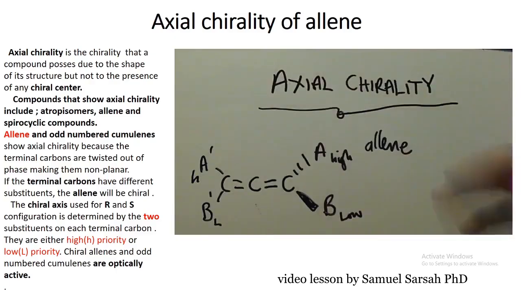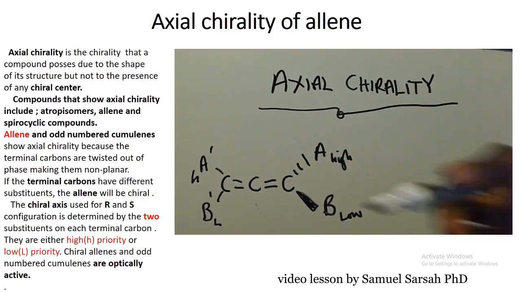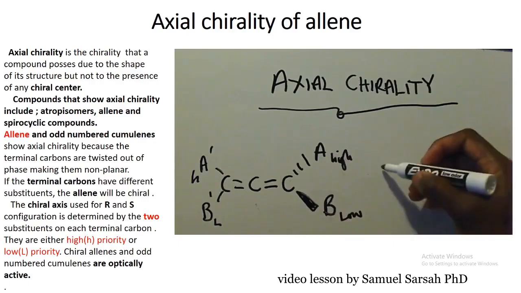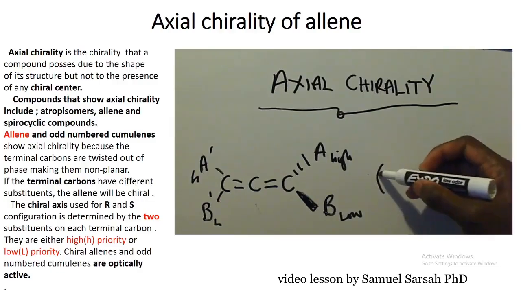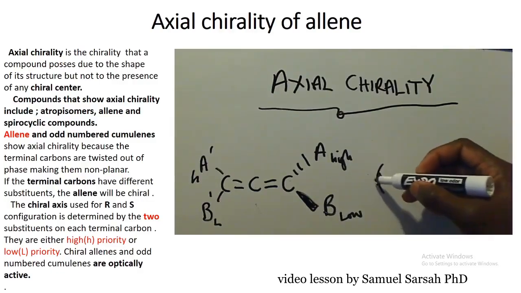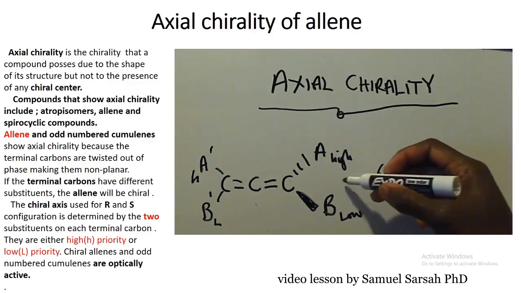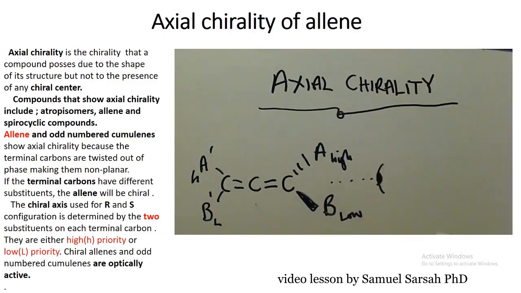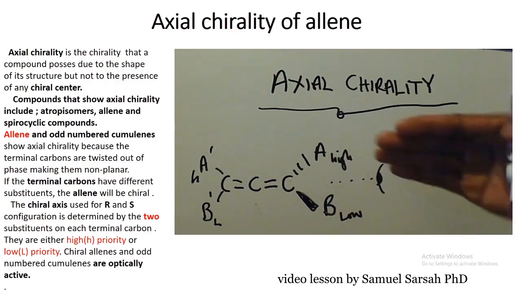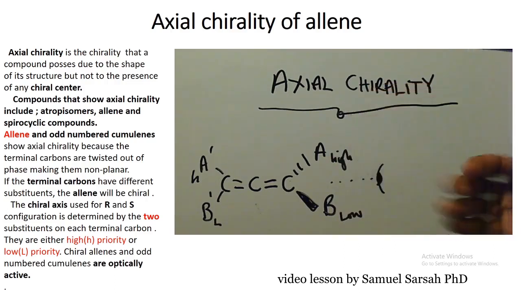You see that if I'm looking at the molecule from here, I'll see A and B first, and A will be on my right and B will be on my left.